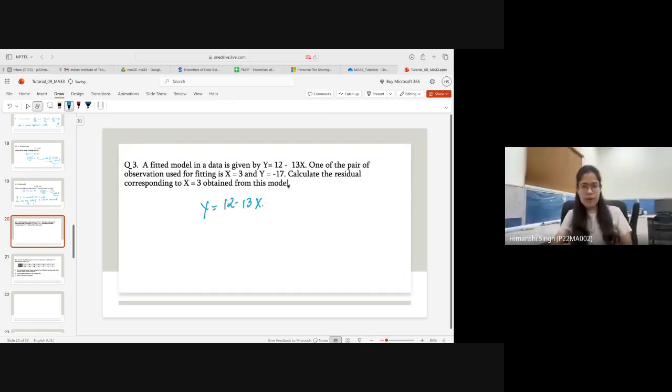Of the pairs of observations used for the fitting, one has x equals 3 and y equals minus 17. So for some i, x_i is 3 and y_i is minus 17. I don't know which i, but for some i. So these are the observed values.